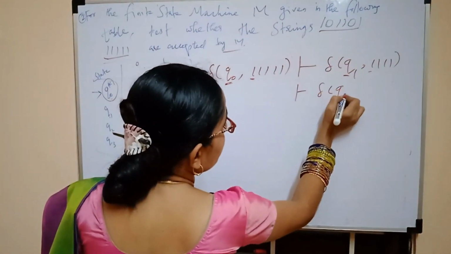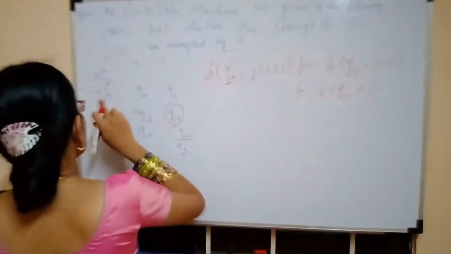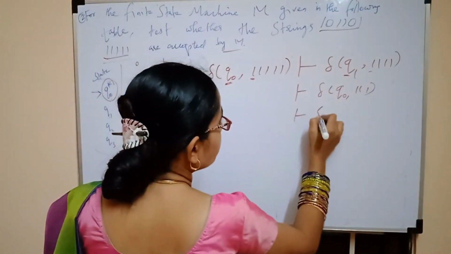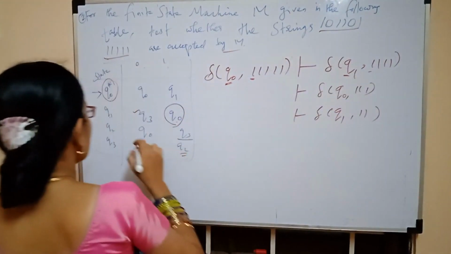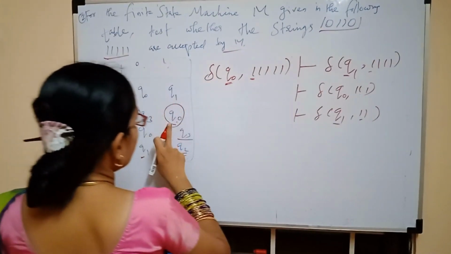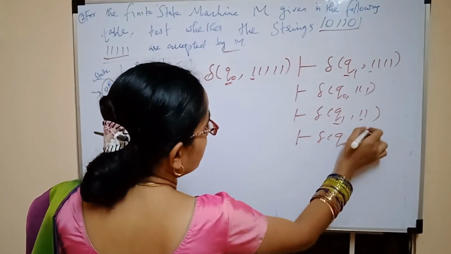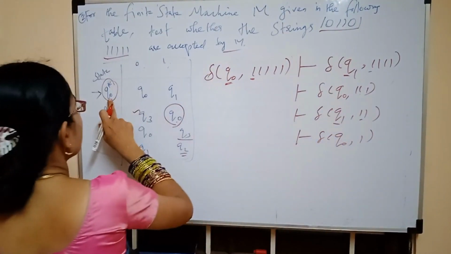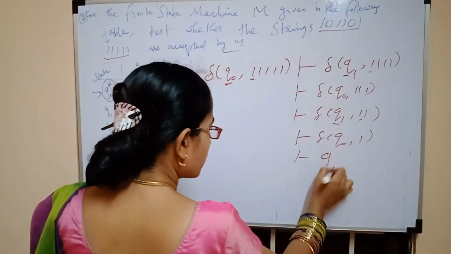So delta of q0 comma, you write the remaining. Then q0 on 1 goes to q1, delta of q1 comma the remaining symbol 1 1, and then q1 on 1 goes to q0, delta of q0 comma 1. Now q0 on 1 goes to q1.